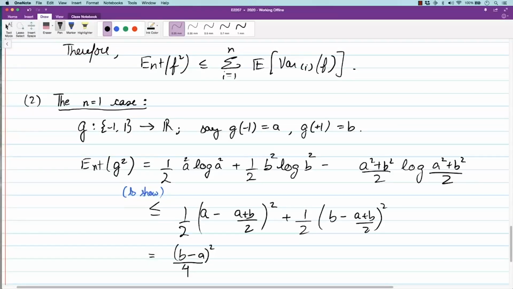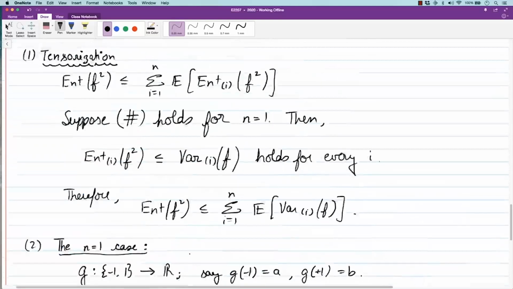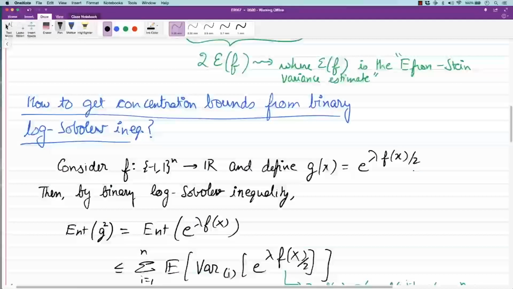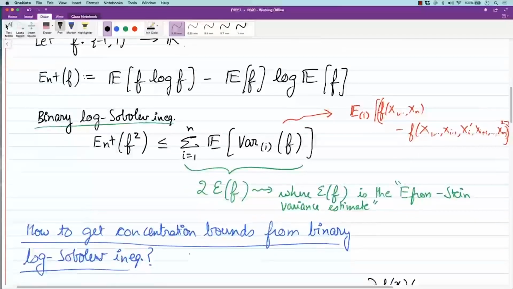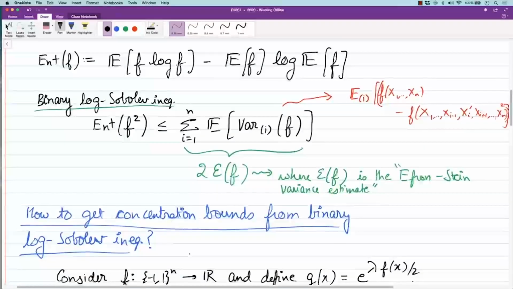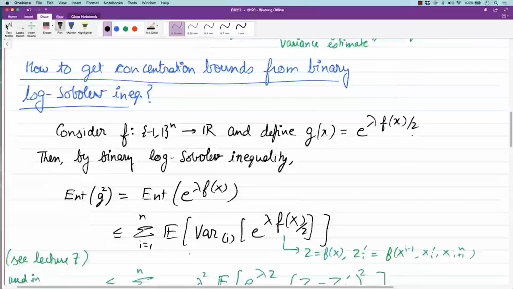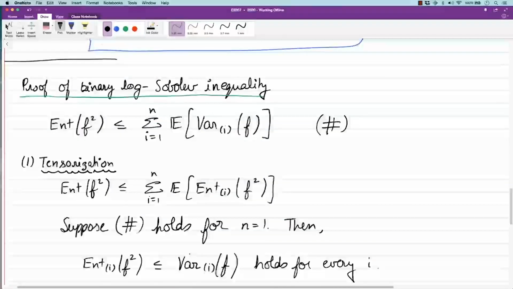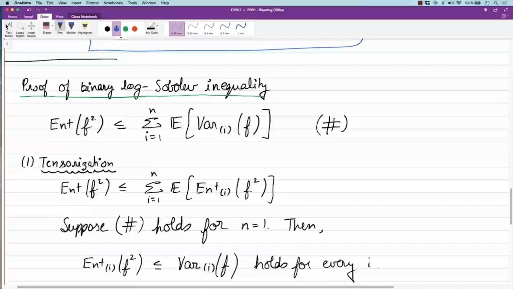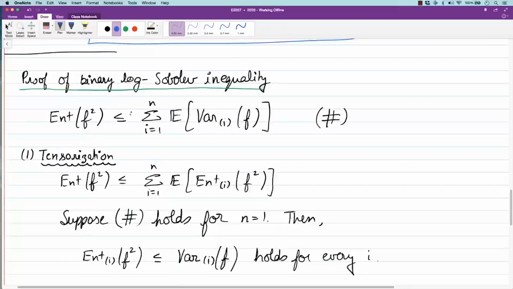Okay, so this by 4 looks a bit wrong to me. I think maybe I'm missing a factor here. Right. So the binary log-Sobolev inequality that I guess we would like to show, maybe this variance is correct, maybe we need a factor of 2 here.